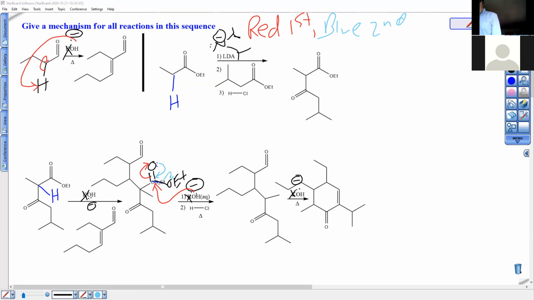And LDA is going to take this H here. This is a directed Claisen. See, there's a lot of chapter 19 stuff. Alpha H removal in every one except for this one. And down here, we're going to have to think a little bit. But, you know, time is of the essence.